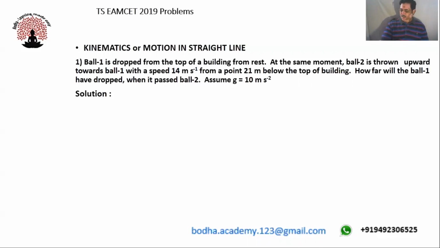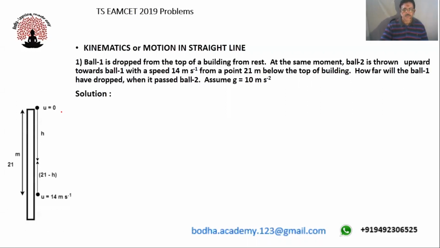Now, let us draw the diagram for this problem. The first ball is dropped, so its initial velocity is 0. The second ball is projected upwards with a speed of 14 meters per second.